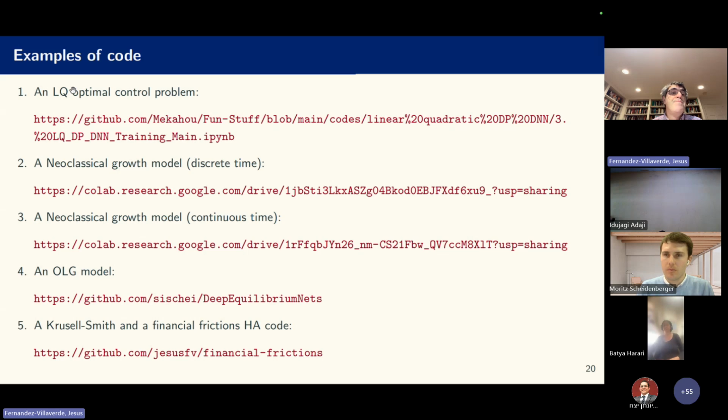You will see code to solve a linear quadratic optimal control problem, a neoclassical growth model, and code to do the same but in continuous time. Neural networks work both for continuous and discrete time. You will see code to solve a very large overlapping generations model, and code to solve a Krusell-Smith model and a model also with heterogeneous agents and financial frictions.